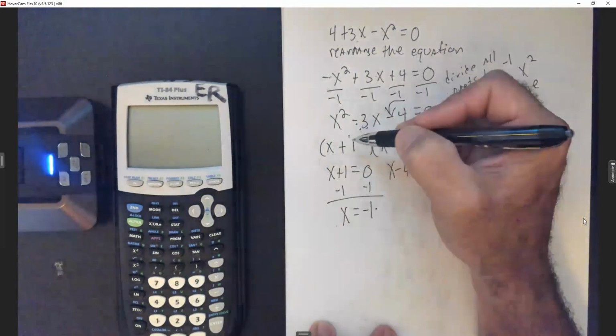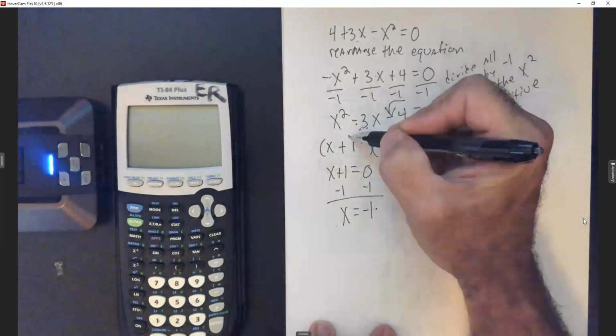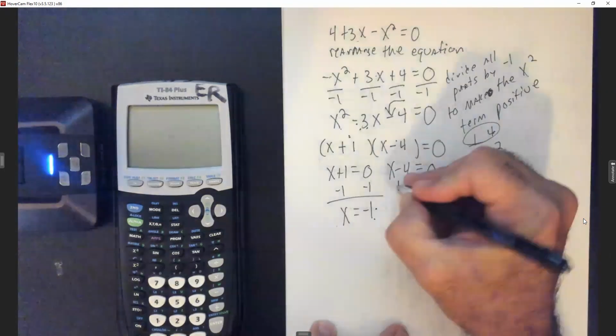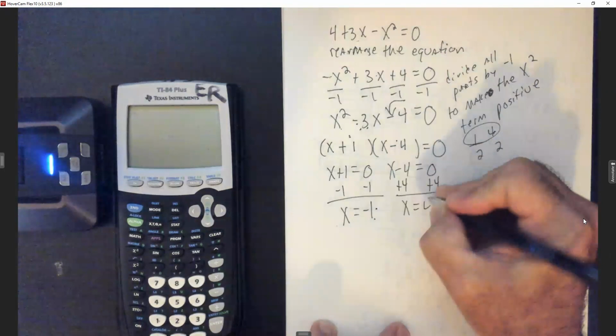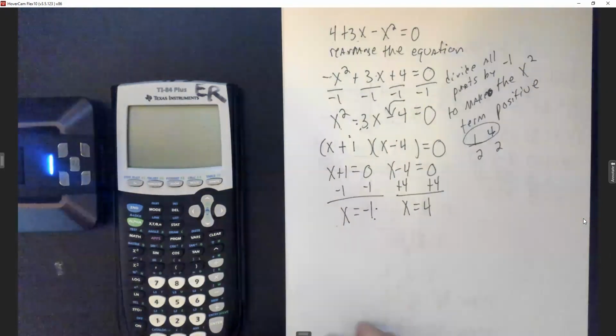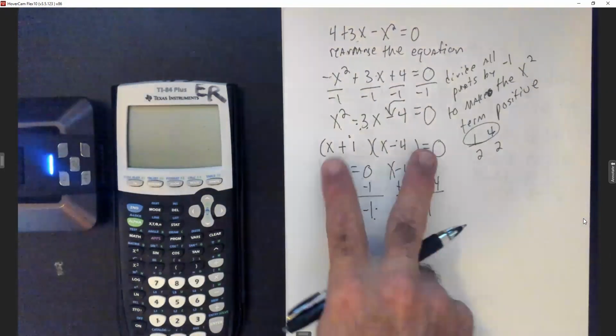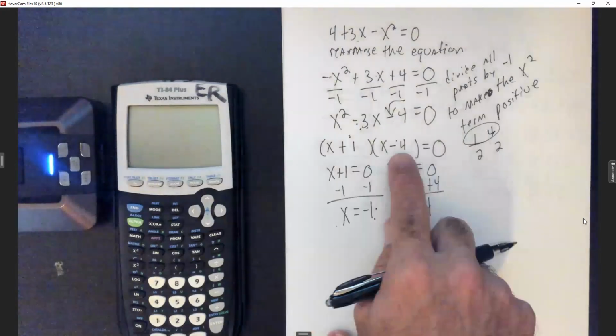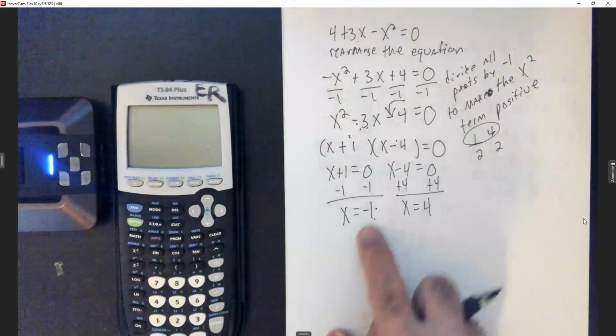So my factor was a +1, my answer is a -1. This factor is a -4. Watch what it's going to do. It's going to change its sign so that I get a +4. So really, once you get to this point and you're factored, the rest of this problem, all you're doing is changing the signs of your factors so that you get the solutions, okay?